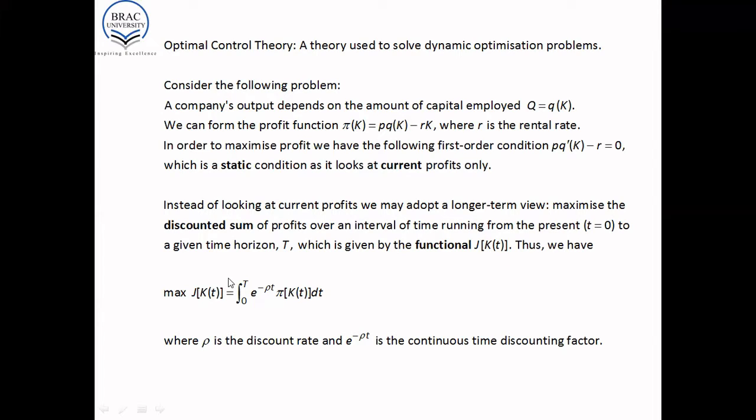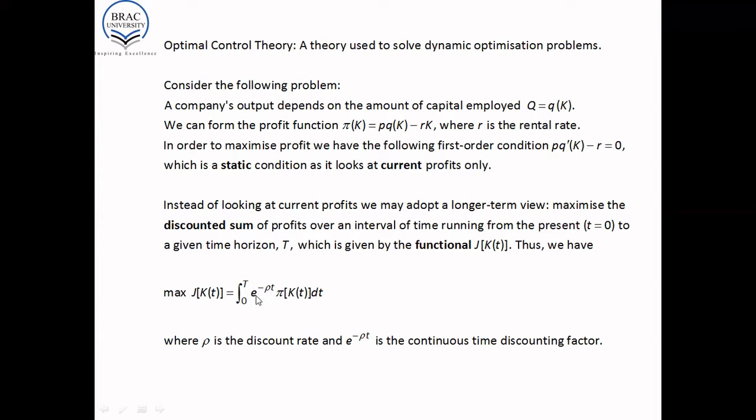Thus, we have this functional, which we want to maximize, and that is equal to the integral from 0 to capital T of e to the power minus rho t times pi(k(t)) dt. Now, this is just the continuous time counterpart of a discounting problem.